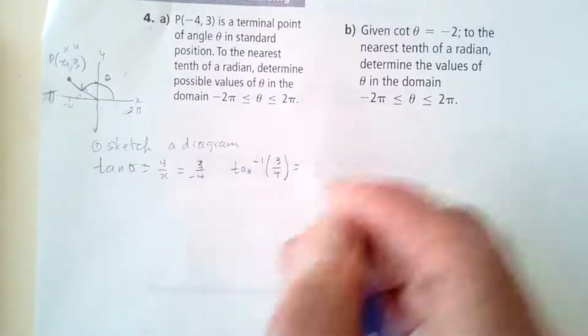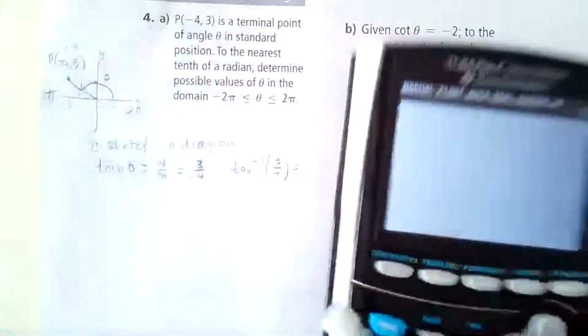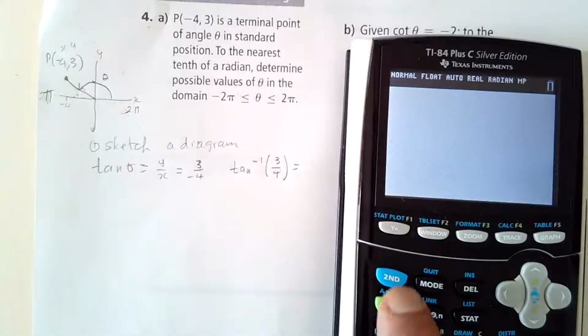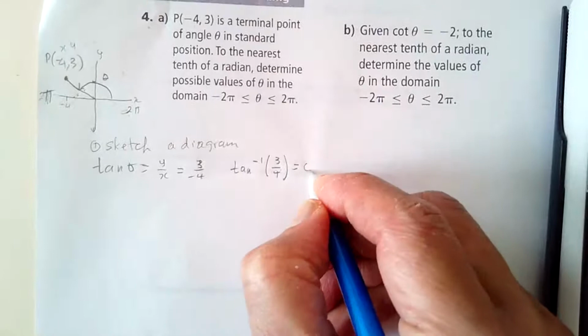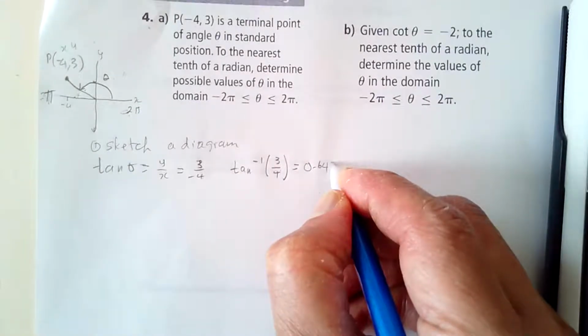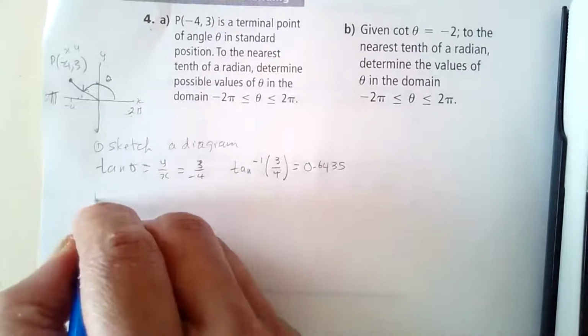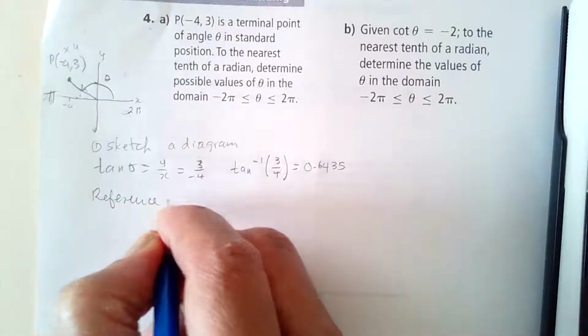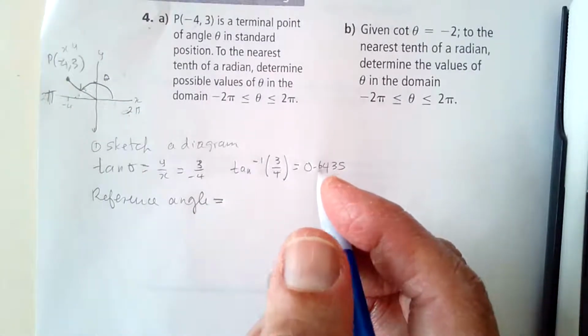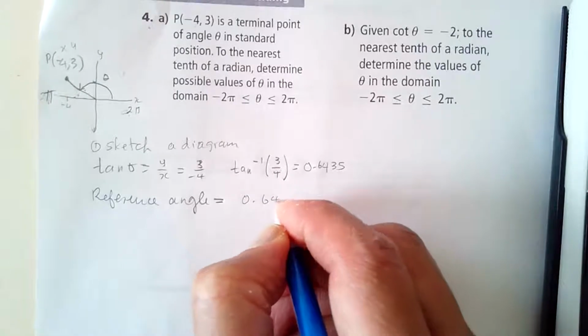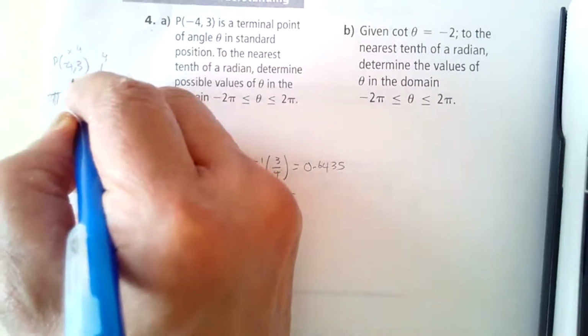Now let's go to my calculator here. Second tangent, 3 divided by 4. 0.6435. So the reference angle is 0.6435.